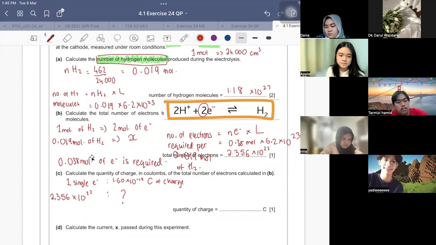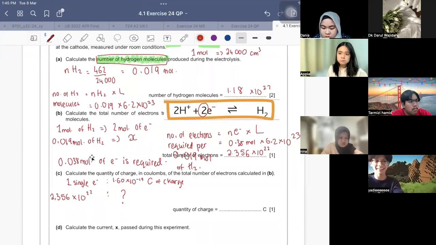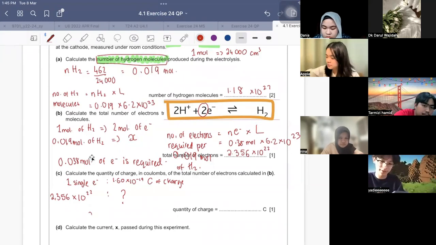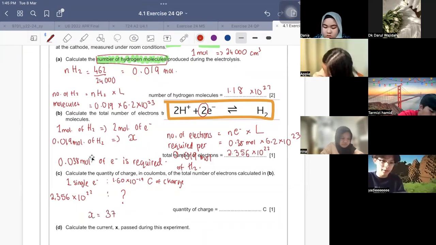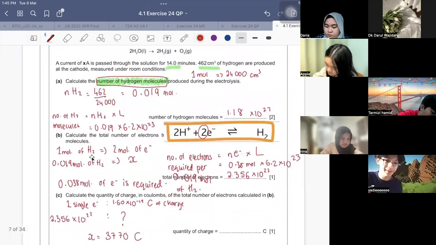We want to know the exact amount of charge carried by the electrons that we have in the setup. In order to find that, we just multiply it by 1.6 times 10 to the power of minus 19. So that means x is equal to 3770 coulombs of charge.